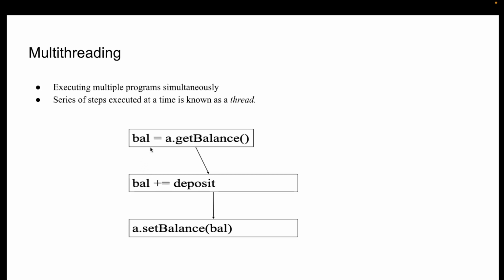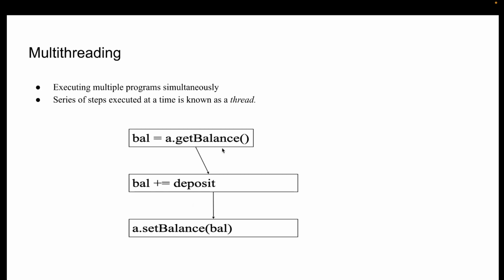Let's say we have some methods created. Let's say we have a bank account class, and in that bank account class, the methods defined are get balance, a deposit method, and then a set balance method.